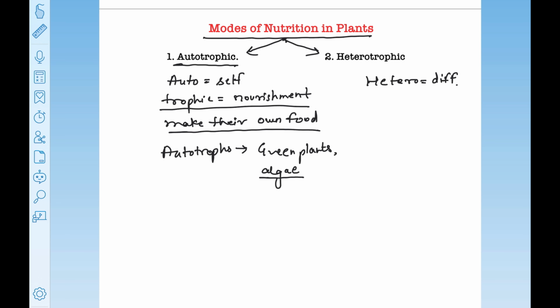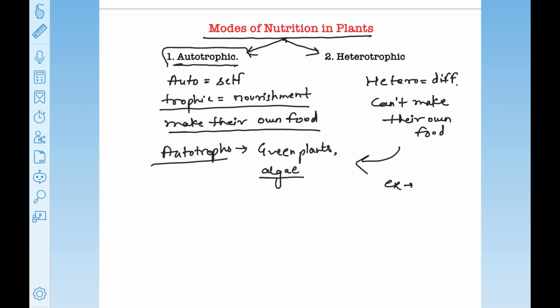Okay, so in this mode of nutrition, organisms cannot make their own food. Right? So they are totally dependent on plants, or we can say that they are totally dependent on all the autotrophs. Okay? And examples are animals, fungi, humans and some plants.